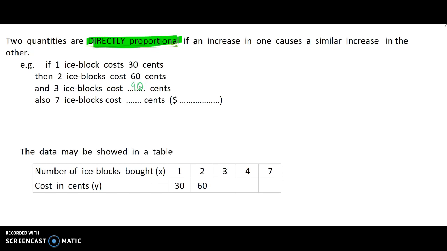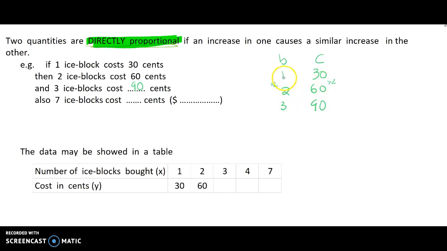So if I write this down, that's the number of ice blocks, and that is the cost. 1 ice block was 30 cents. 2 was 60 cents. 3 would be, yes, 90 cents. So basically, we're just talking about multiples now. The first one was 30 cents. Then that was times by 2, so 30 times 2 is 60 cents.